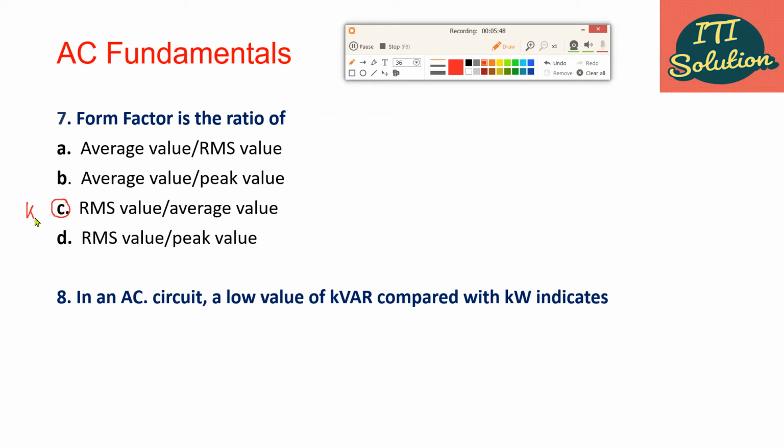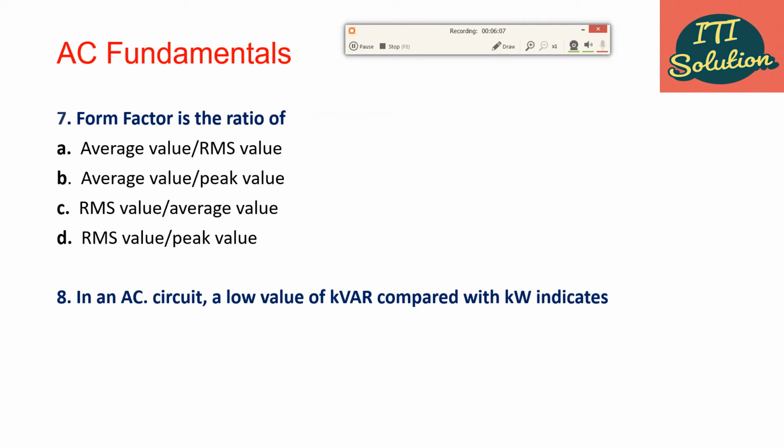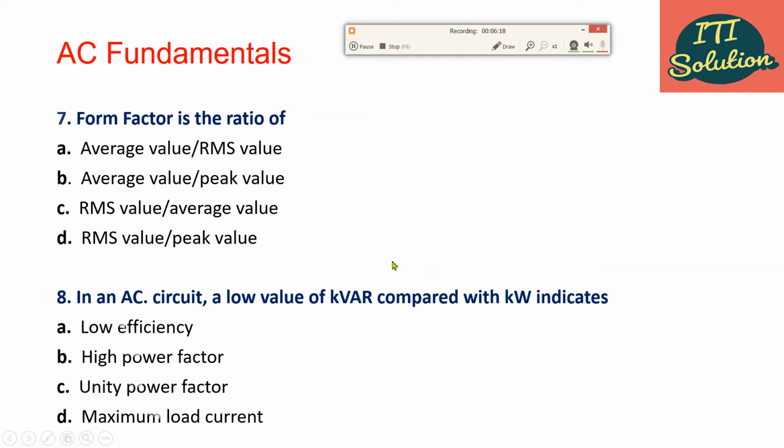Form factor is denoted by KF. For a sinusoidal wave, the value of form factor is 1.11.